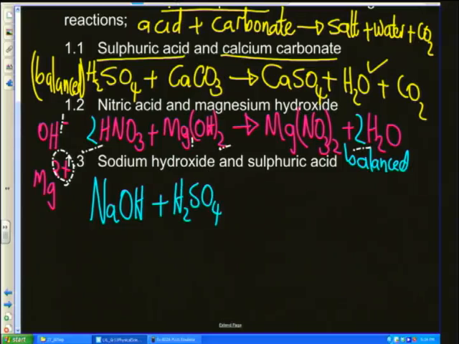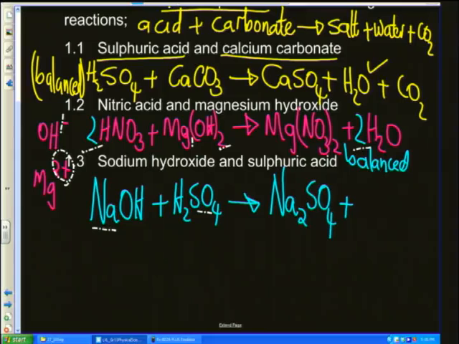I'm going to produce a salt and water, but what type of salt? I need to tell from what I have here. The sodium and the sulfate will give me the salt, sodium sulfate. Because sodium is 1 plus and sulfate is 2 minus, I will have it like that, Na2SO4, plus the water.